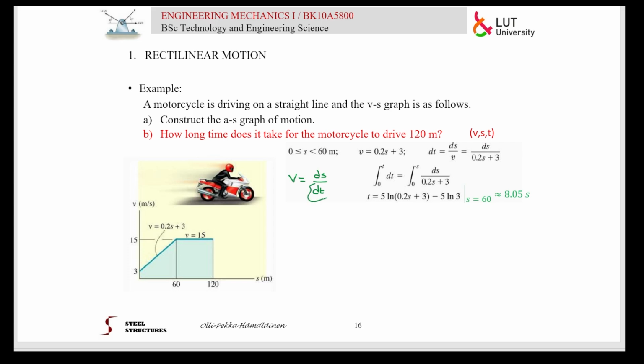Yeah, time is nowhere to be found here, but I know velocity and I know displacement, meaning that I could take this away from here and say, you know what? I can move this up, and I can say that the derivative of time is equal to these variations of displacement divided by the velocity. All right, and this is what is done here.